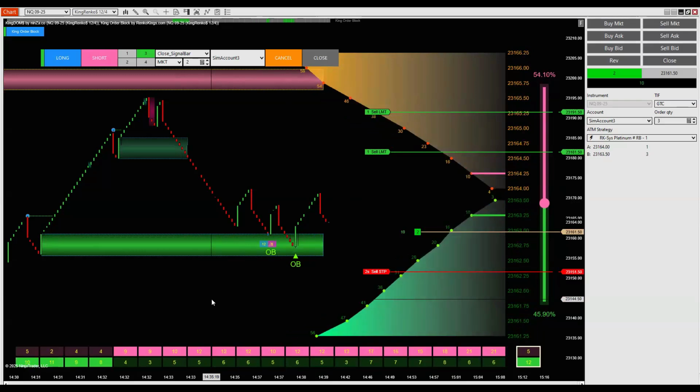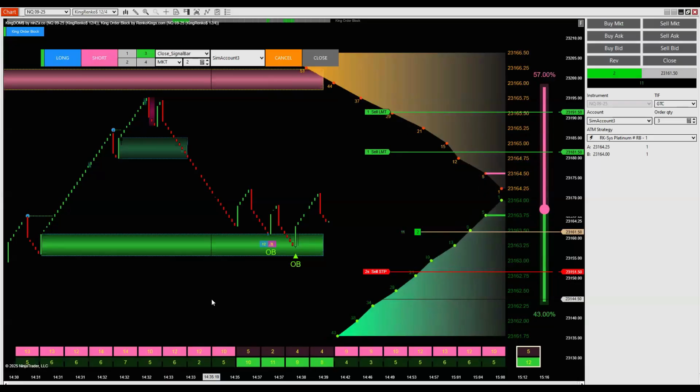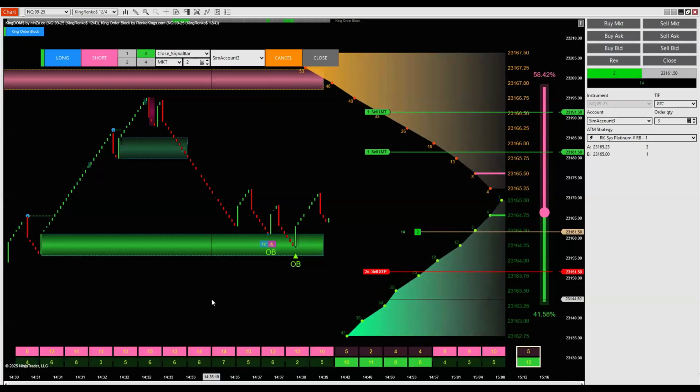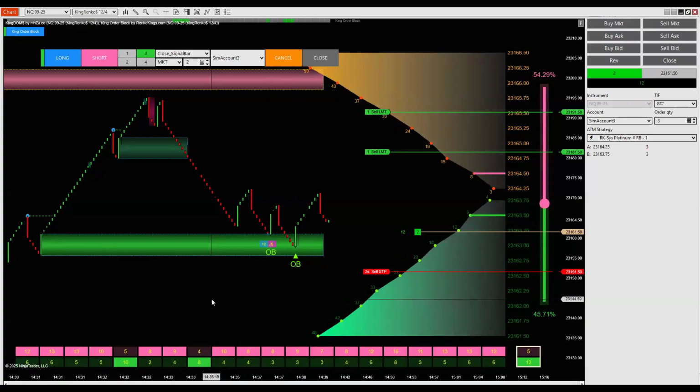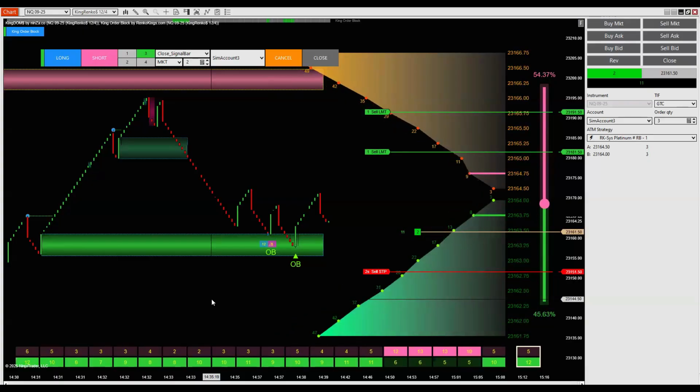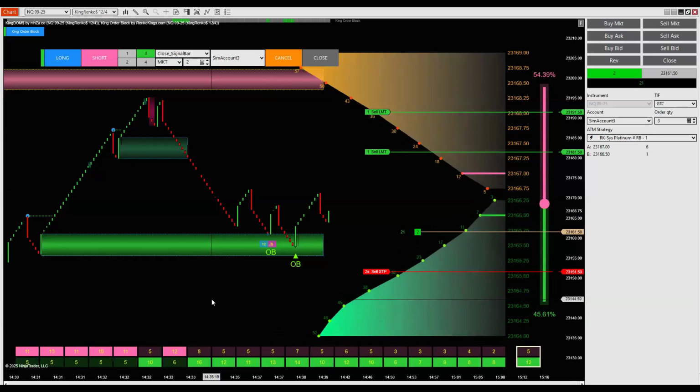And the fact that they can't get above 171 concerns me a little bit. They should be able to hold it, because if they can't hold it, we could see a new low for the day, which would be slightly unusual, let's say. But let's see what they do.